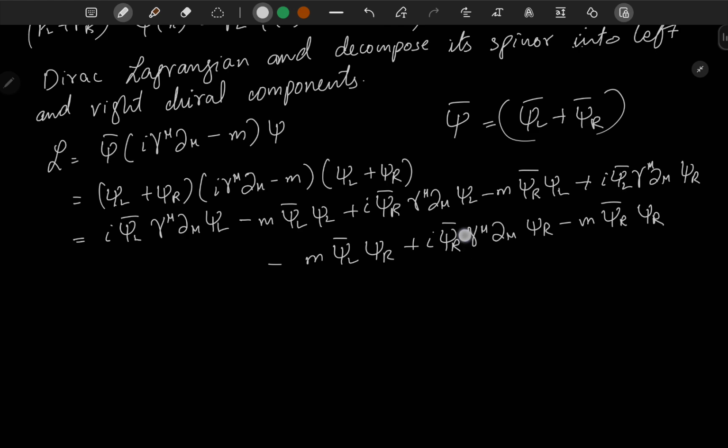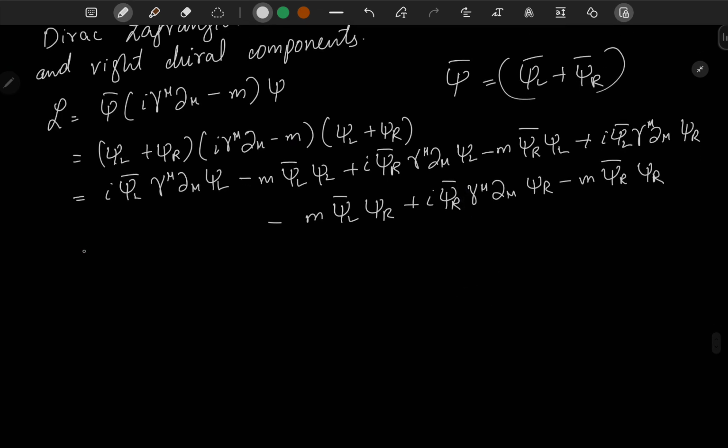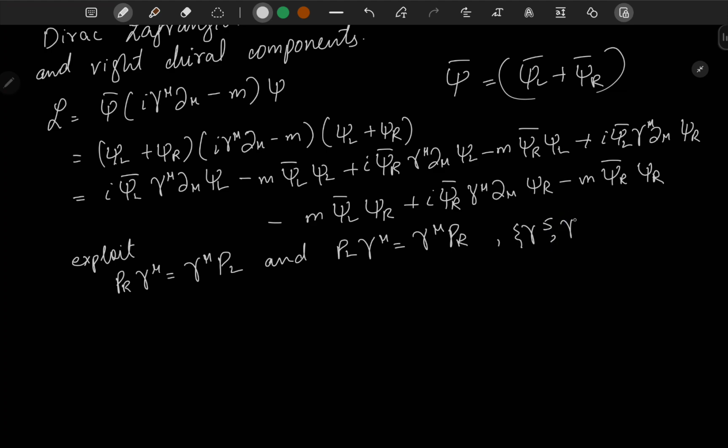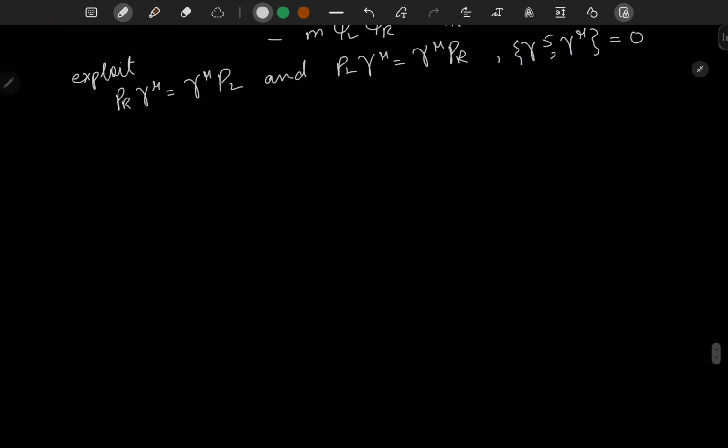Okay, so this is the expanded form, and now we exploit the following properties, gamma mu PR, and also we'll use this property, and after exploiting this we get the following.